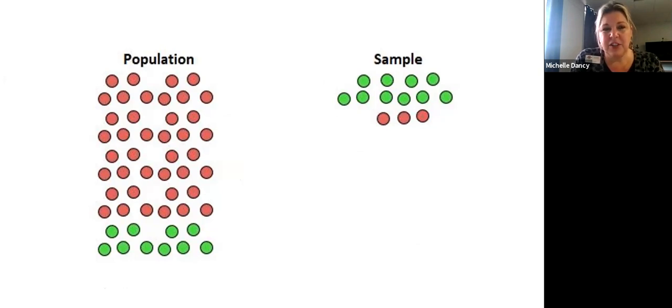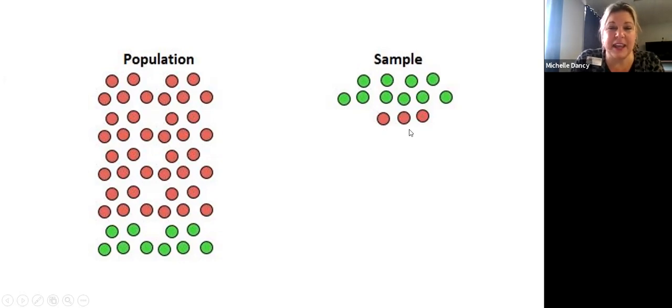This population is almost all pink dots and a few green dots. If I take a sample from this population, should it be almost all green dots and only a few pink dots, whatever you want to say? No, that can't be right.